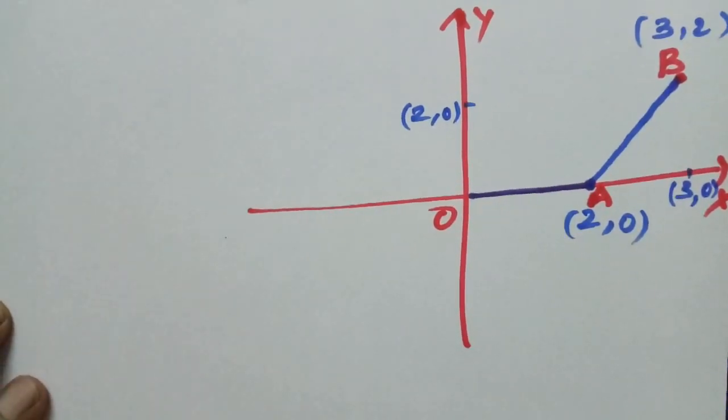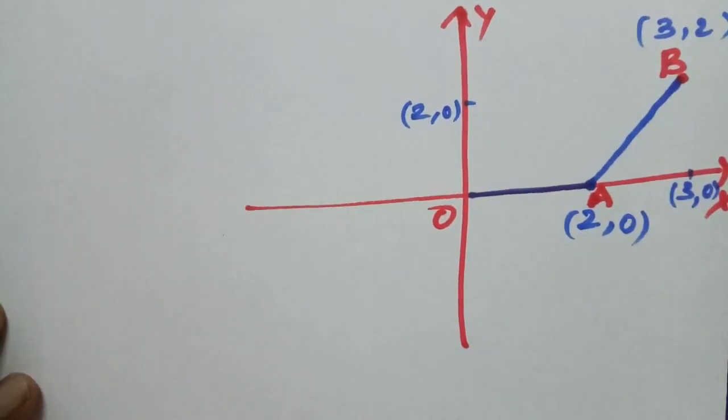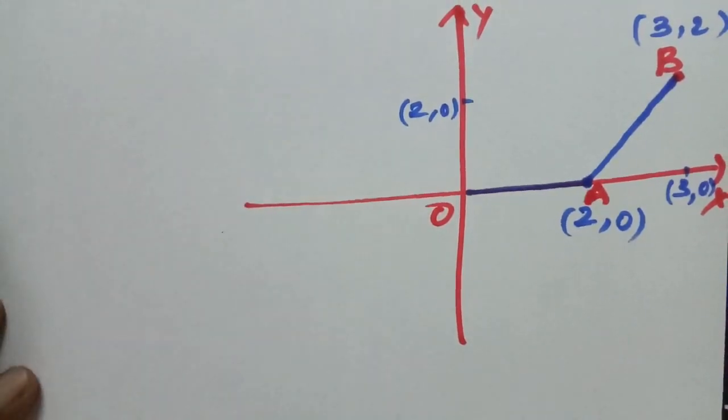Now, here our curve consists of two straight lines. One is OA and the other one is AB.